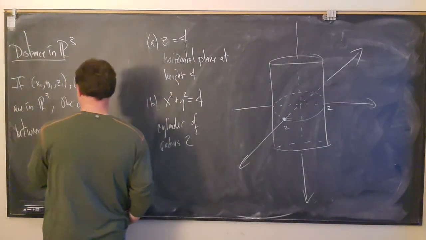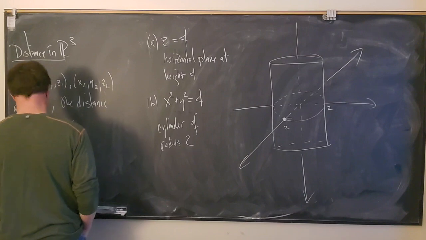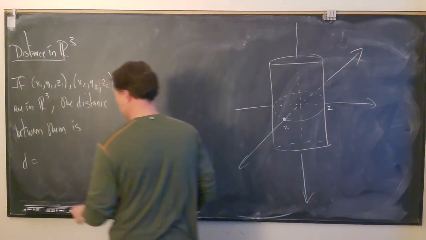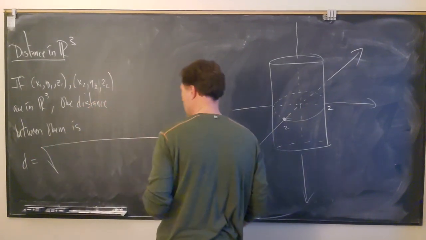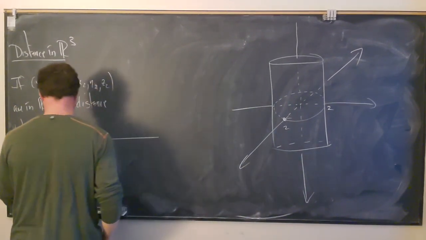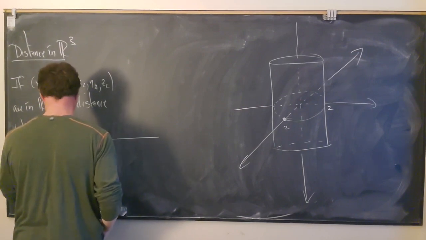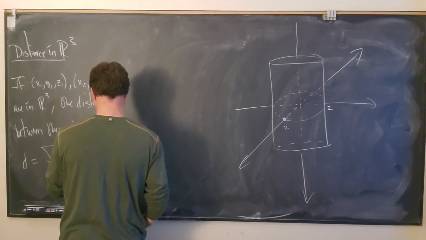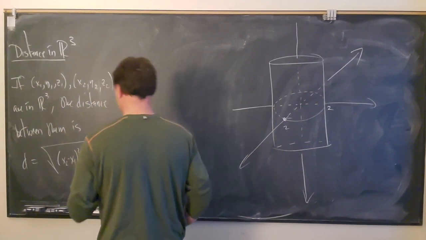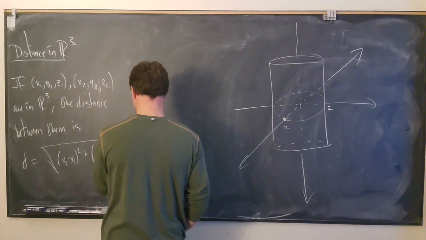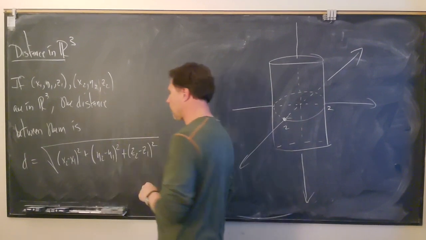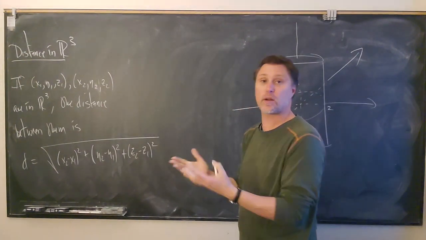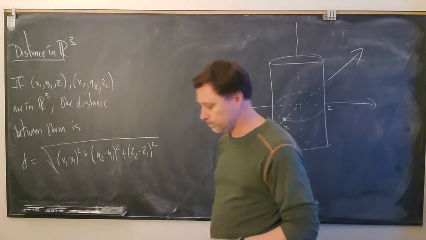So the distance between them is, we're going to have a big square root, and then it will be subtract the x coordinates, x2 minus x1 squared, subtract the y coordinates, y2 minus y1 squared, and subtract the z coordinates, z2 minus z1 squared. Subtract the coordinates, square the results, add those together, take the square root. There's the distance formula.